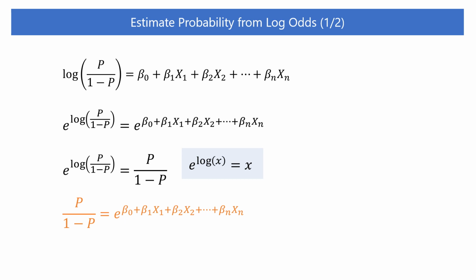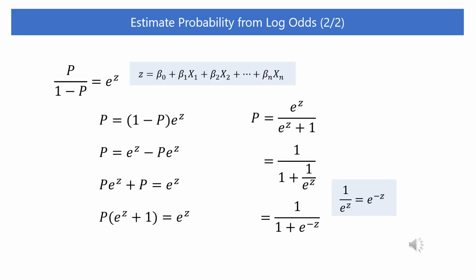We are now back to the formula for modeling the odds as an exponential function. We can now write odds equal e to the zth power.